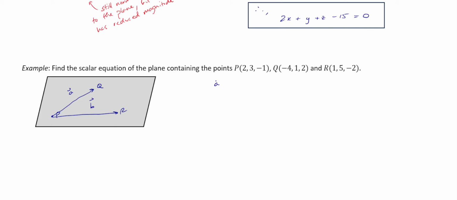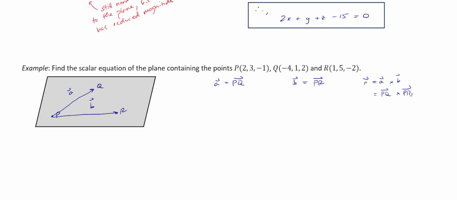So I can say A is equal to PQ and B is equal to PR. And then n, the normal vector, would simply be equal to A cross B, or PQ cross PR.